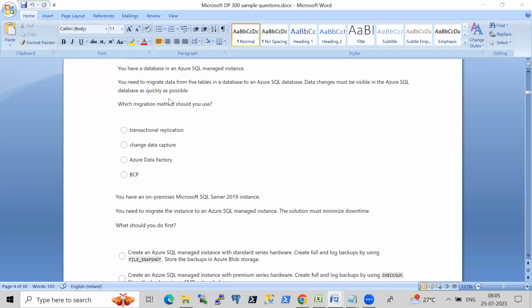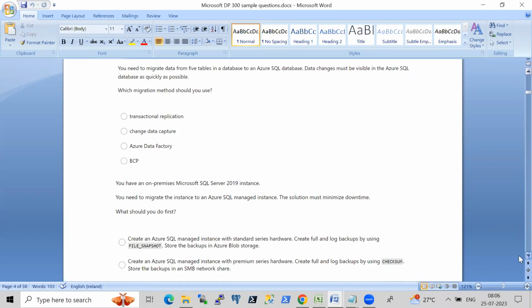It cannot be publisher. It cannot be distributor. Is that clear? Any questions? So the answer is transactional replication. But one important point is MI can act as publisher, distributor, subscriber, but Azure SQL can act only as subscriber. It cannot be anything else. So that is the downside of Azure SQL.